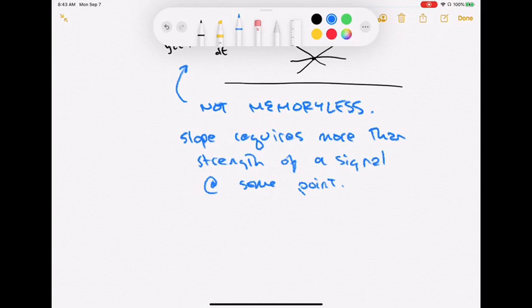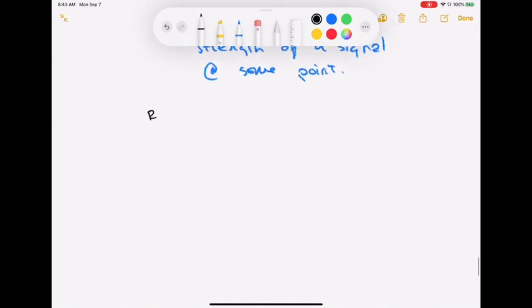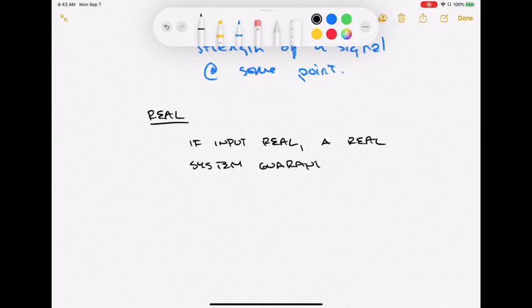A few more system properties that we can talk about then. There's also a property called realness, so we can talk about a system being real. A real system is one that, if the input is real, guarantees the output is also real, right?